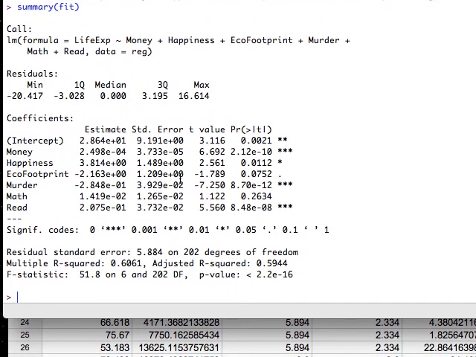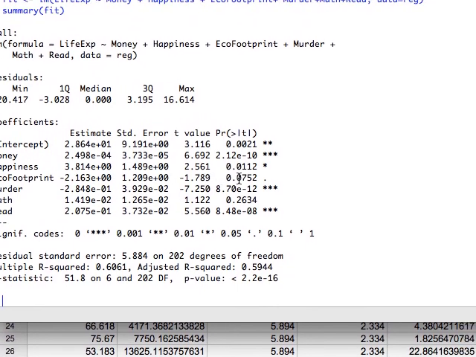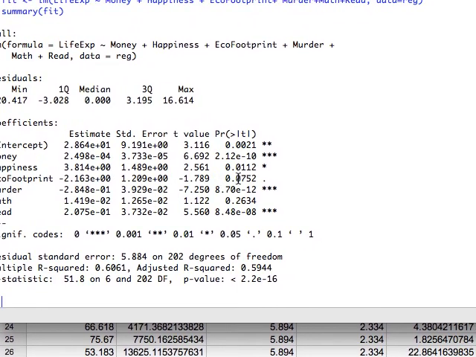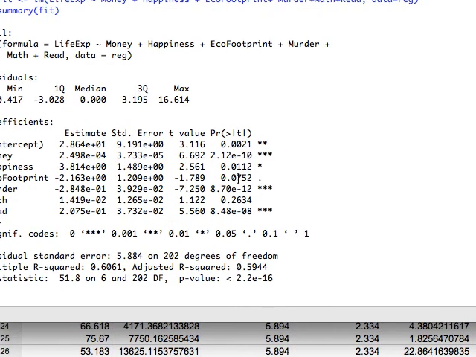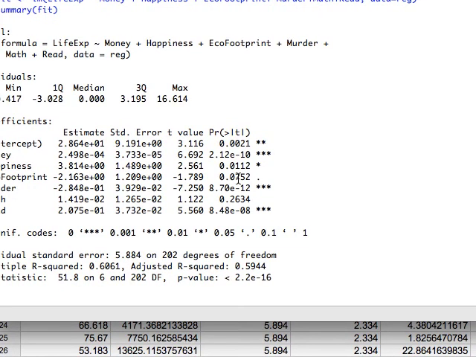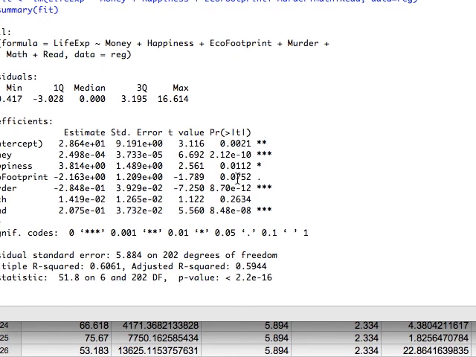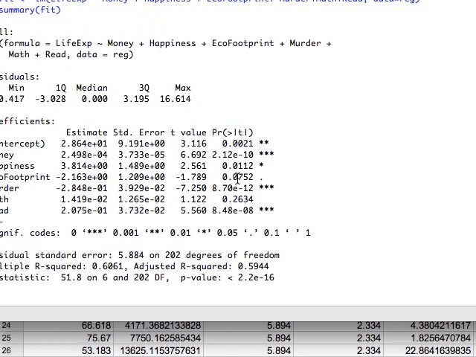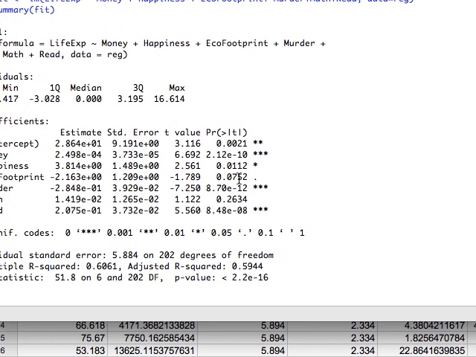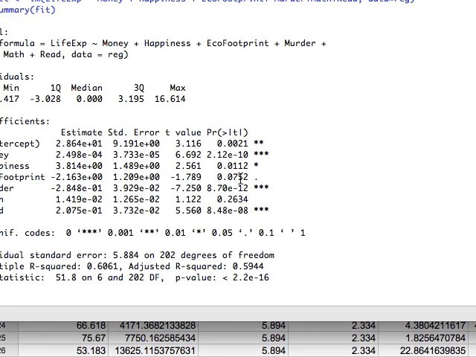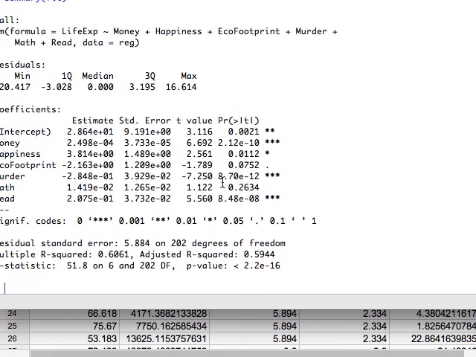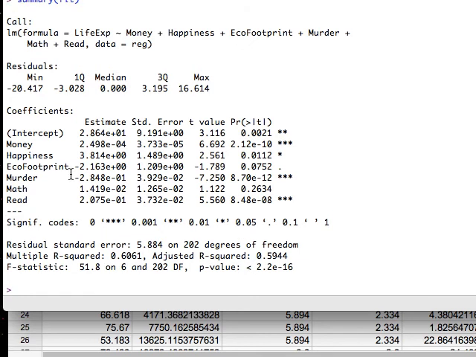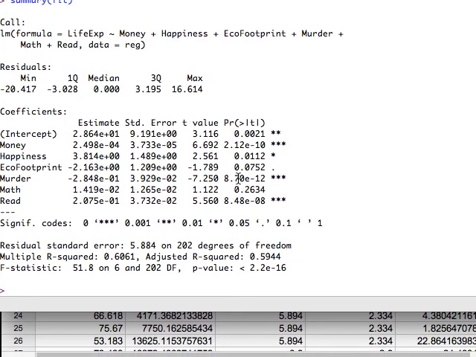Can it help us predict our ecological footprint? There's only a 7% chance. So it probably can, but we don't have a statistically significant effect there. Can murder rates help us predict life expectancy?